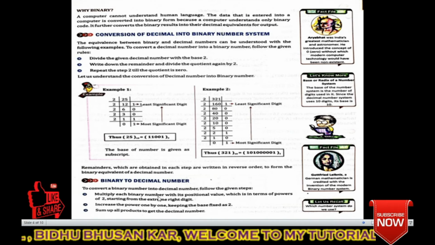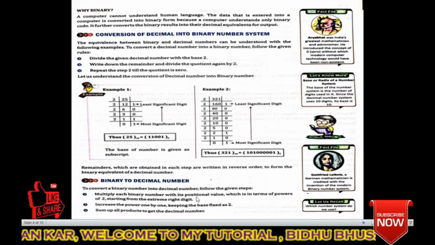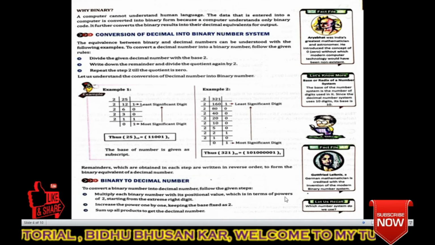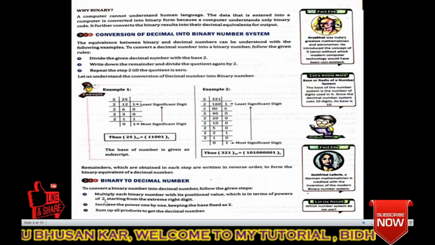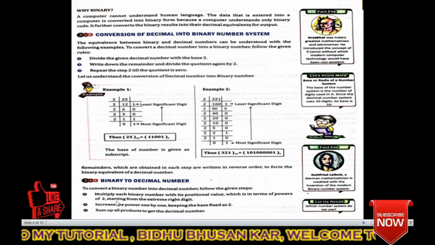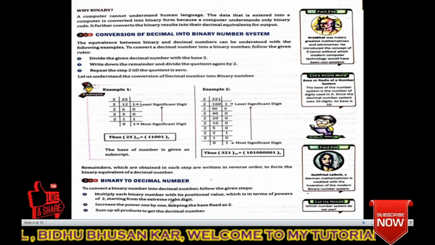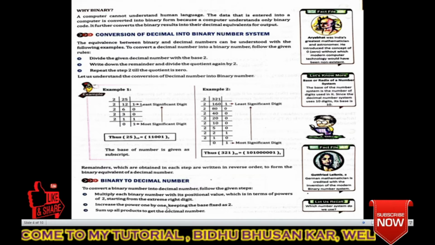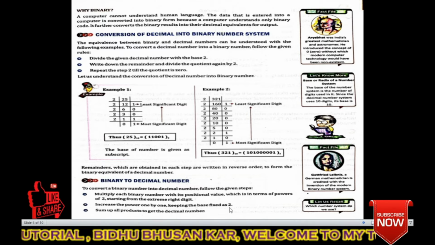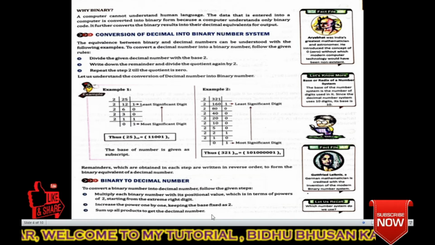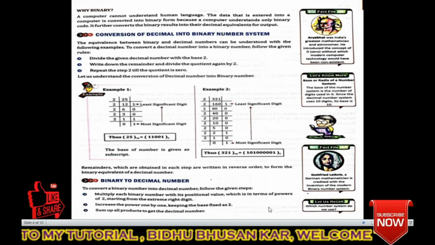Multiply each binary digit with its positional value, which is in terms of powers. Powers of 2, 2 means binary, yes or no? Starting from the extreme right digit, increase the power 1 by 1, keeping the base fixed as 2. Sum of all products to get the decimal number. Okay, we will read in the next page.